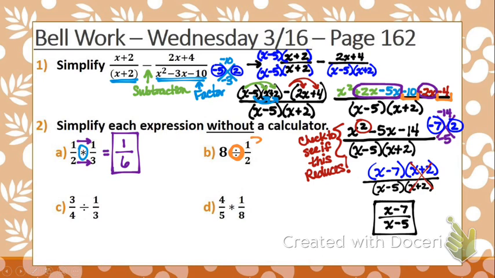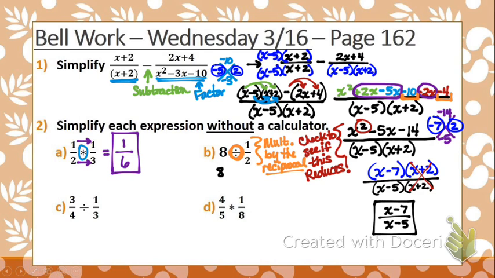Whenever we have a fraction that comes after a division sign, we're going to change this to be multiplication. We are going to multiply by the reciprocal. Does anybody remember what that word reciprocal means? Flip our fraction. Yes. So I recopy the first number exactly as I see it.